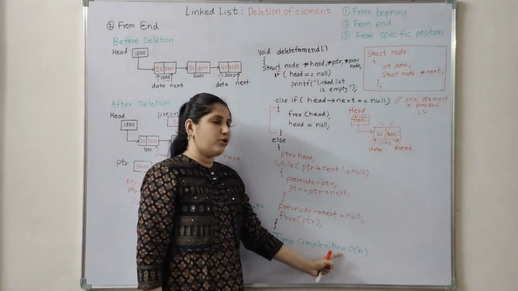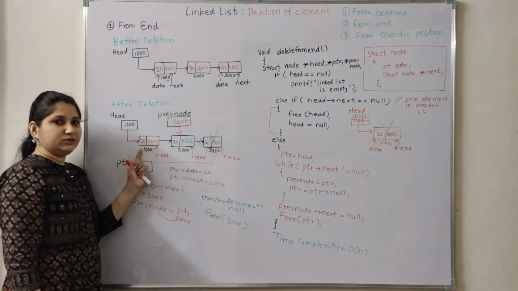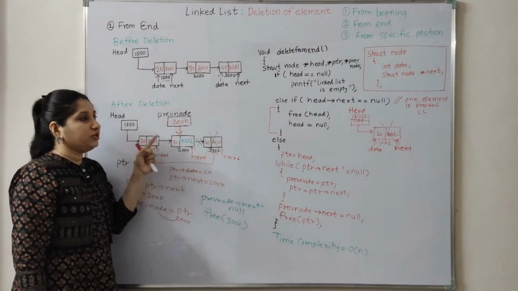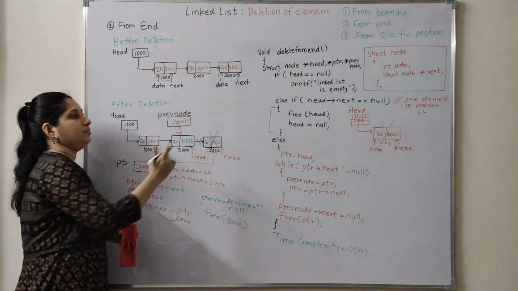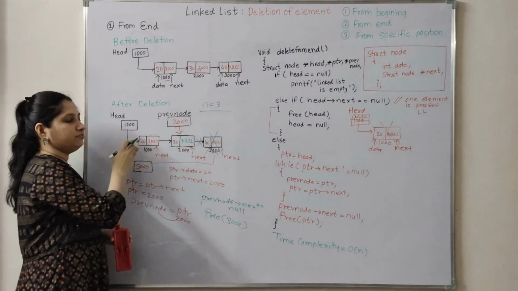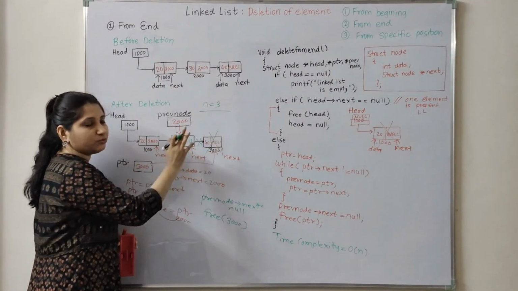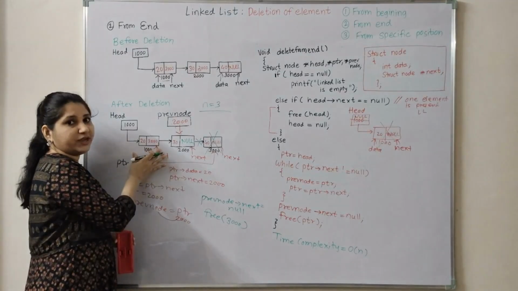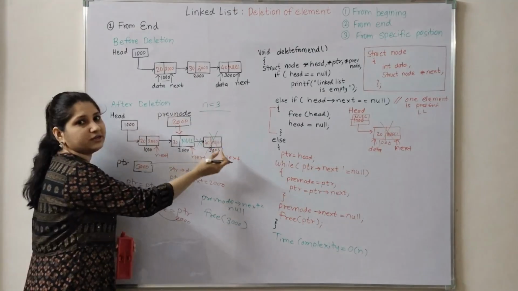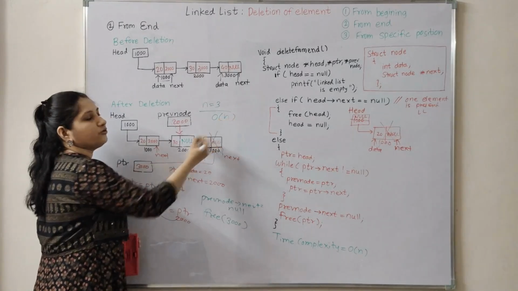That is order of n, because we are traversing from one node to the next node. If the number of elements is 3, we are traversing from the beginning of the linked list till the end, from the first node to the last node. So the time complexity will be order of n.